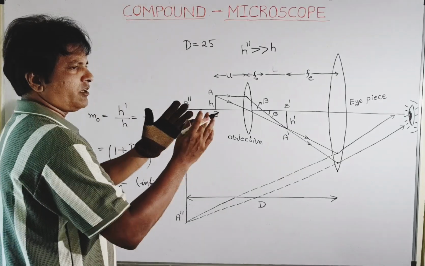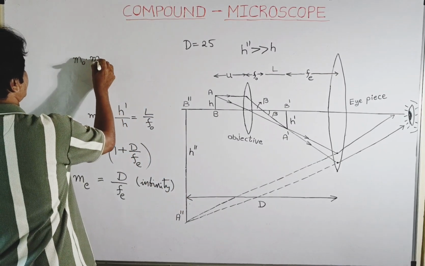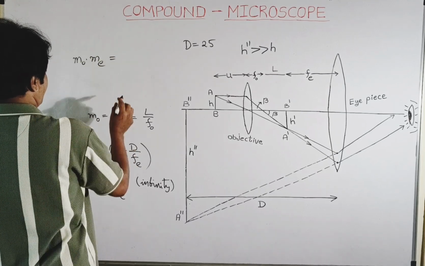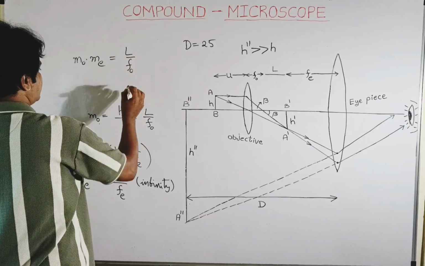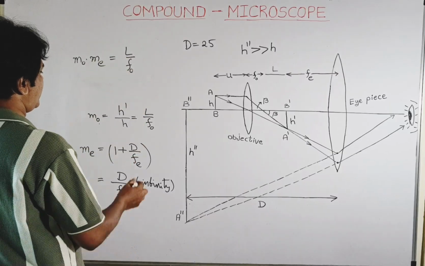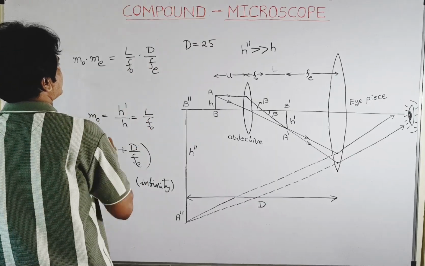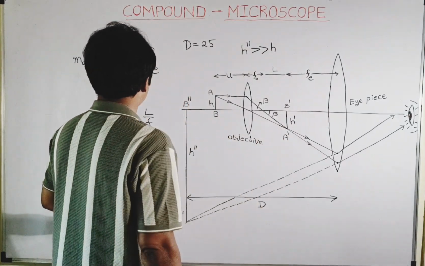We know that for a combination of lenses, the resultant magnification will be m0 into me. So what we get here? m0, the magnification of the objective lens, L by f0, into the magnification of the eyepiece, D by fe. This is the resultant magnification we get for the compound microscope.